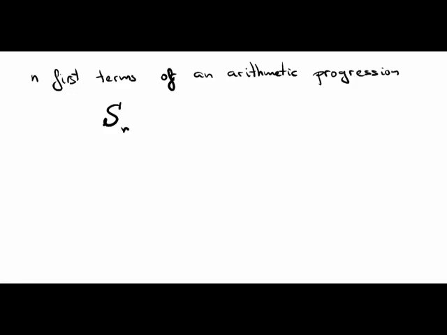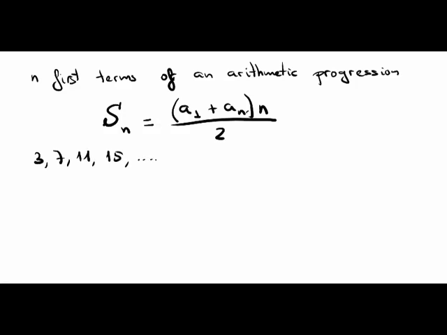If I have the first n terms of an arithmetic sequence or progression, and I want to add all of them, the addition of all these n terms can be calculated by the first of them plus the last of them, multiplied by the amount of terms I want to add and divided by 2.